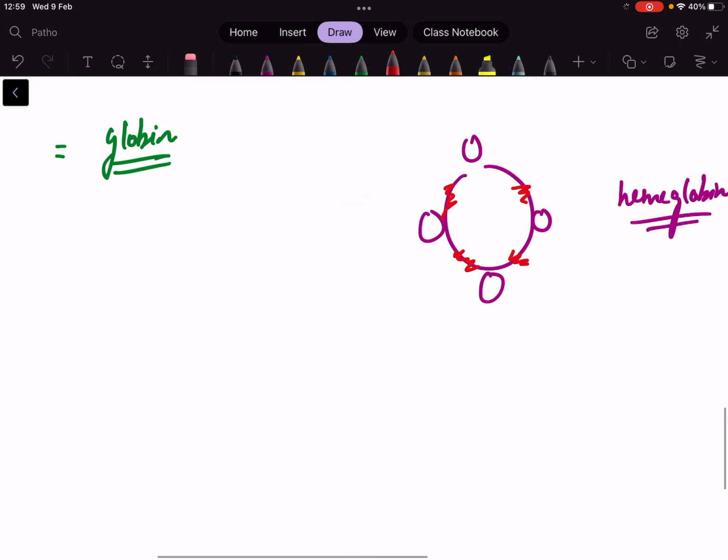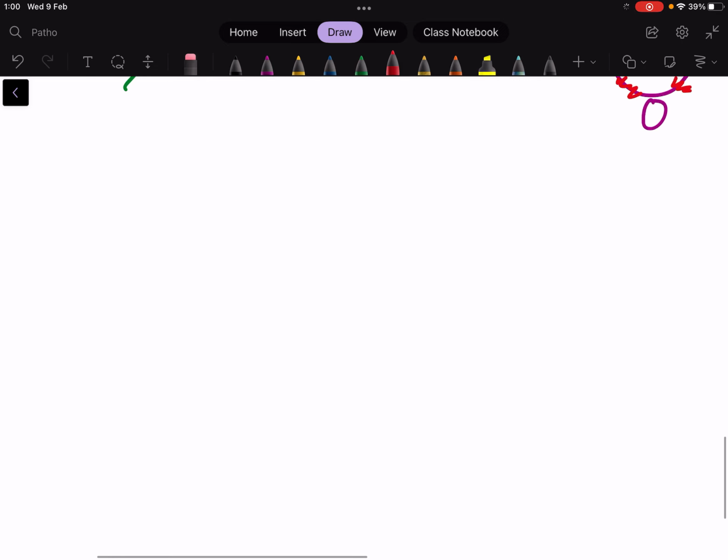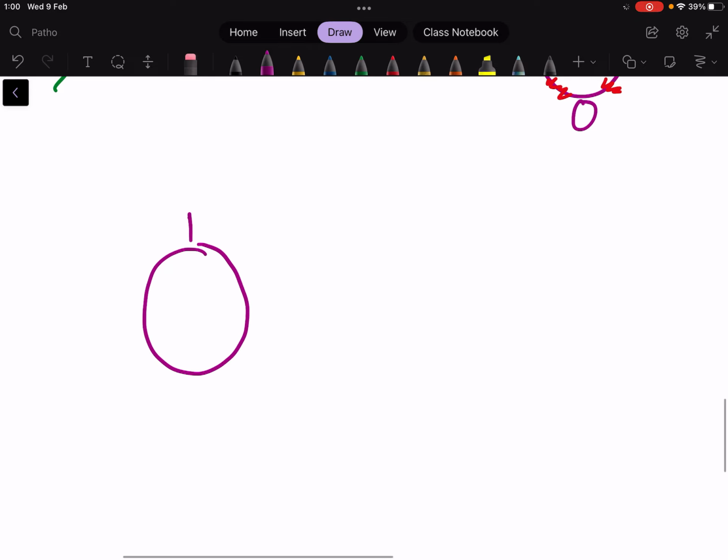Okay, so we will see the basic structure of the protoporphyrin ring. Suppose this is a protoporphyrin ring. It basically consists of 4 pyrrole rings like this. Let me draw with a different color. So these are your pyrrole rings.